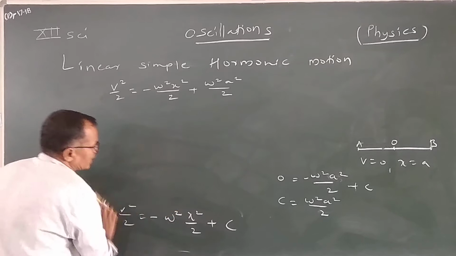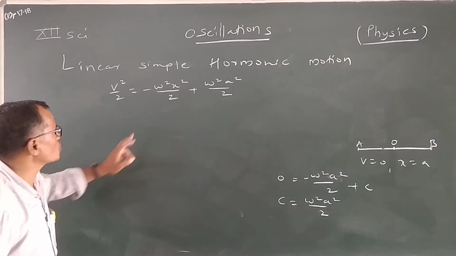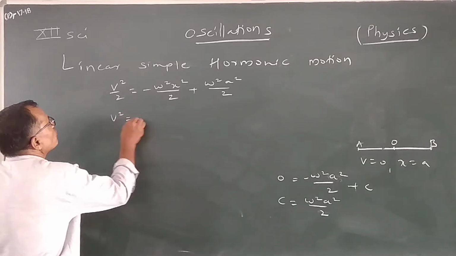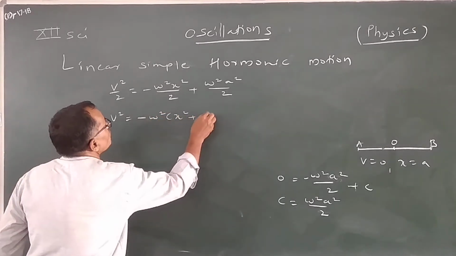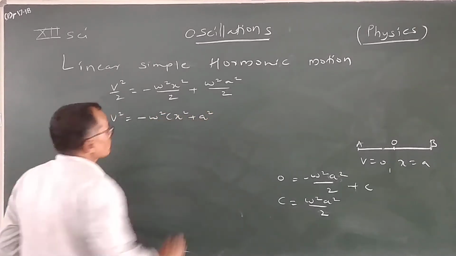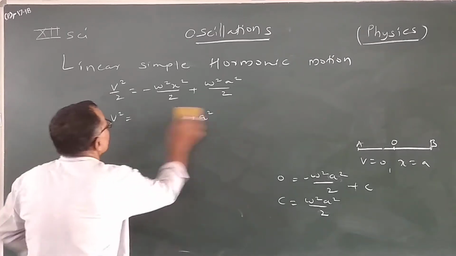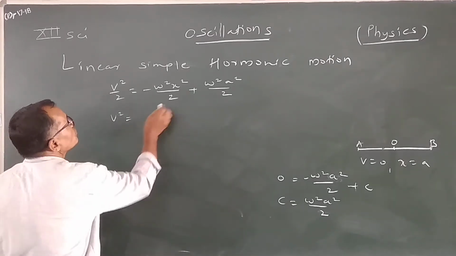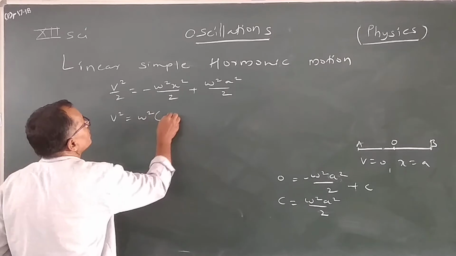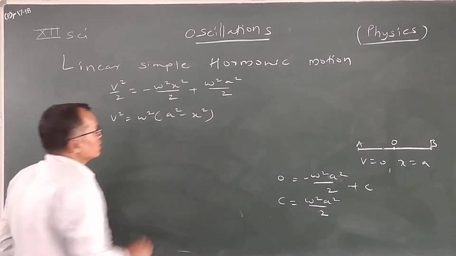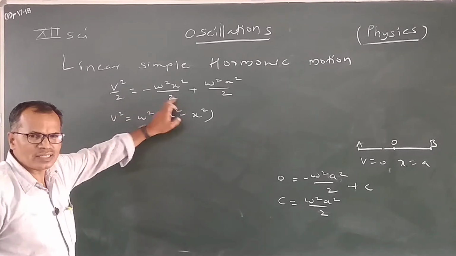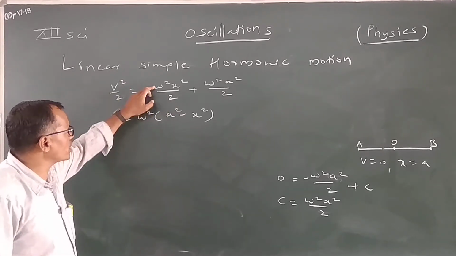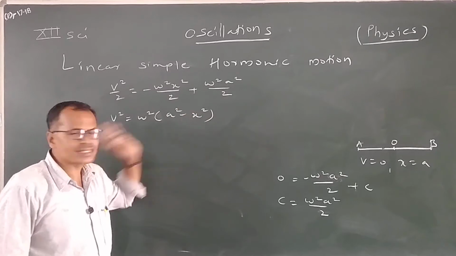The 2 gets cancelled. So we can write that v square equal to omega square bracket a square minus x square. I have rearranged this, the 2 gets cancelled.